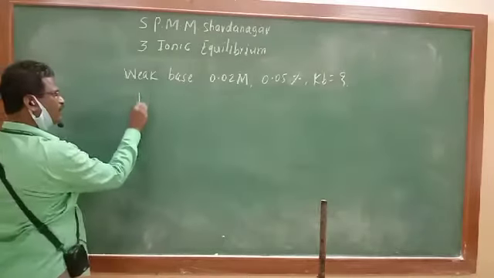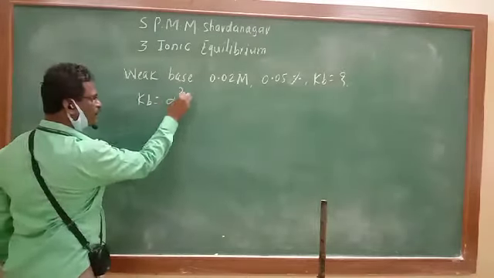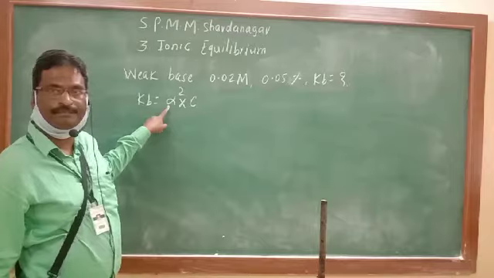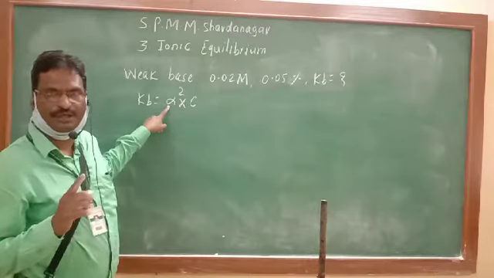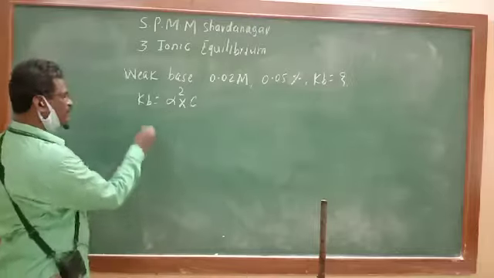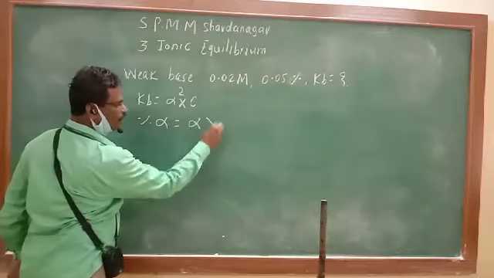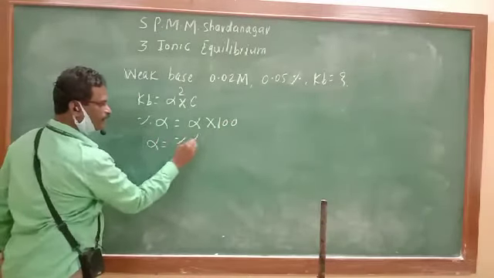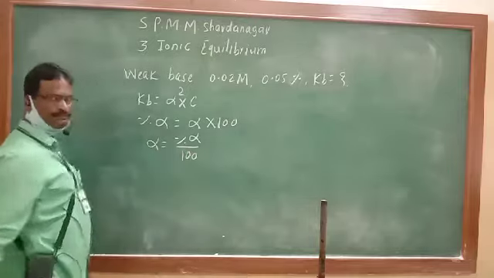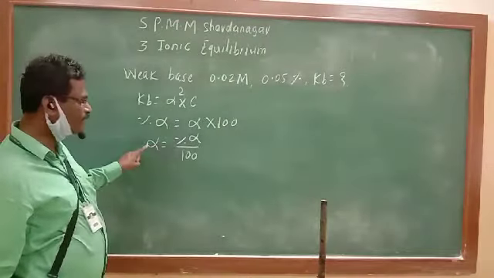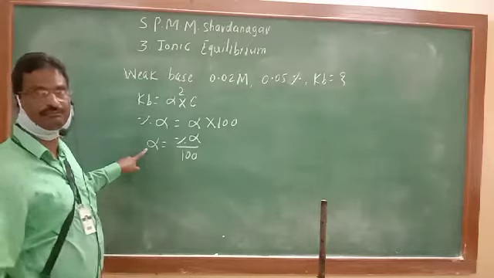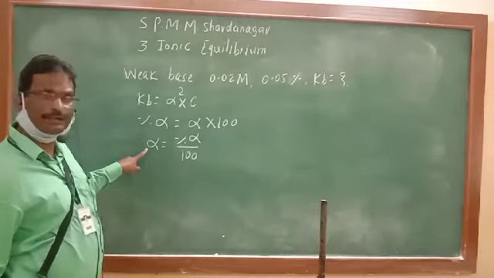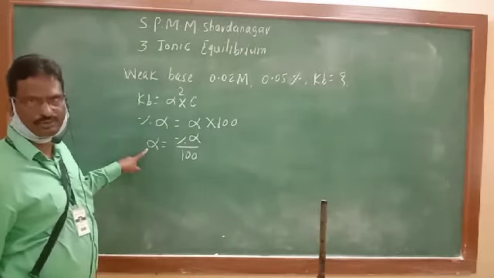Again in a similar manner, we know the equation Kb is equal to alpha square C, where alpha is the degree of dissociation. It is not the percent degree of dissociation. Since percent alpha is equal to alpha into 100, from that equation alpha will be percent alpha divided by 100. Very simple. Degree of dissociation alpha is a fraction of the total moles of an electrolyte which have undergone dissociation.